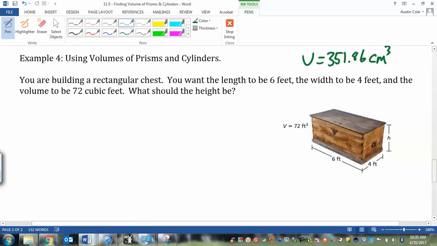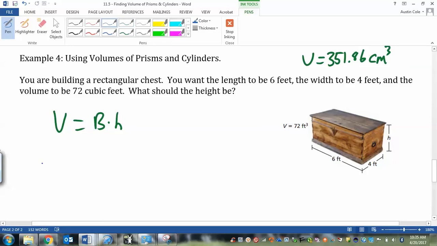All right, so we want to use this stuff that we just learned. We're building a rectangular chest. You want the length to be 6 feet, the width to be 4 feet, and the volume to be 72 feet. So we're missing the height, right? But if we know the formula is the same for all of them, volume equals area of the base times the height.